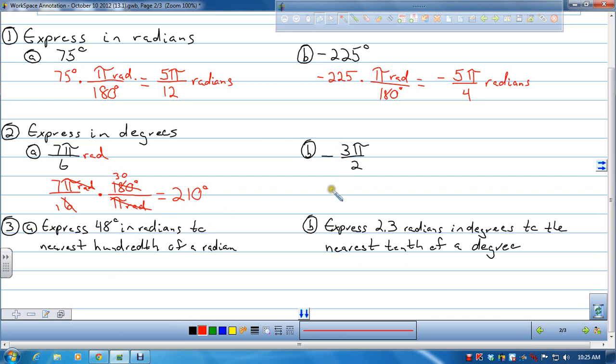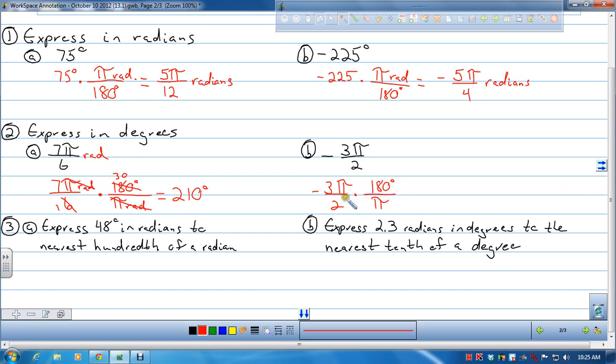Okay, why don't you guys go ahead and try part B on your own. Maybe hit pause and ready to go. Okay, hopefully you're back now after unpausing. And you should know that I'd have negative 3 pi over 2. And to convert that into degrees, I want to get rid of pi. So I've got pi radians down here and 180 degrees.